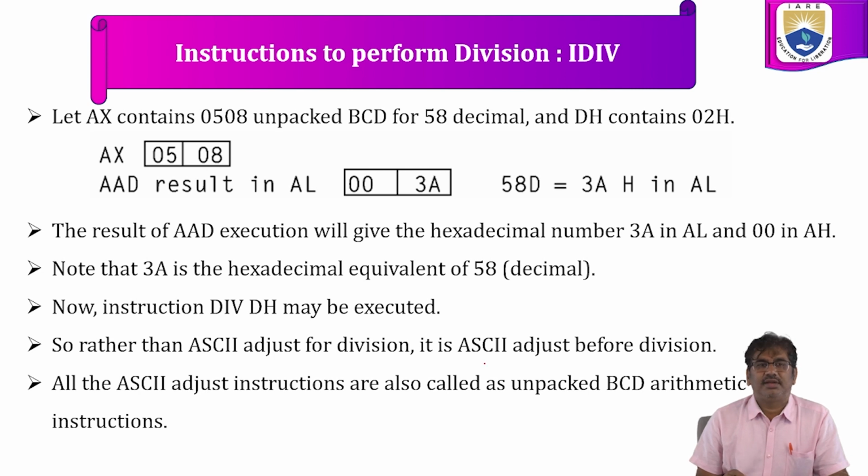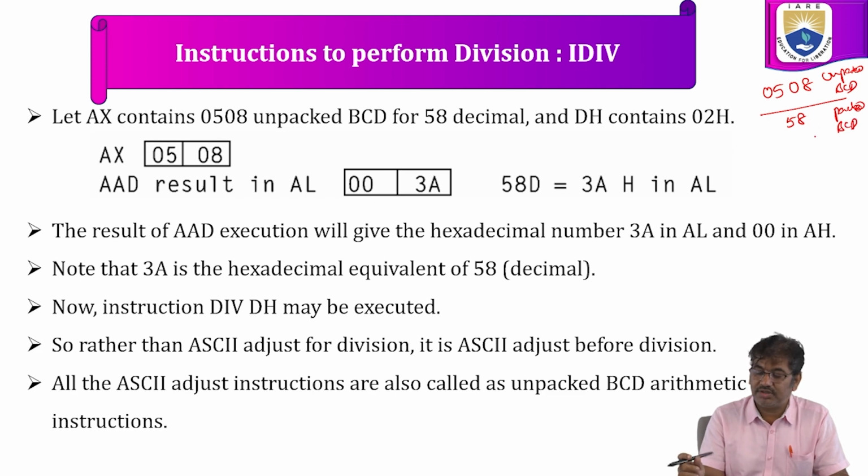So let us consider the AX register contains 0508, which is an unpacked BCD number. First, this will be converted into packed BCD, that is 58 decimal. Before loading into the register, however, the hexadecimal representation will take place.